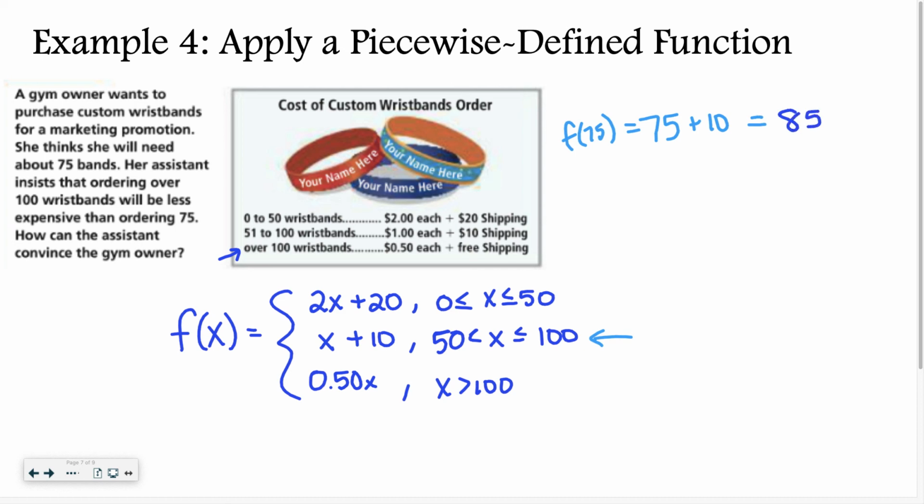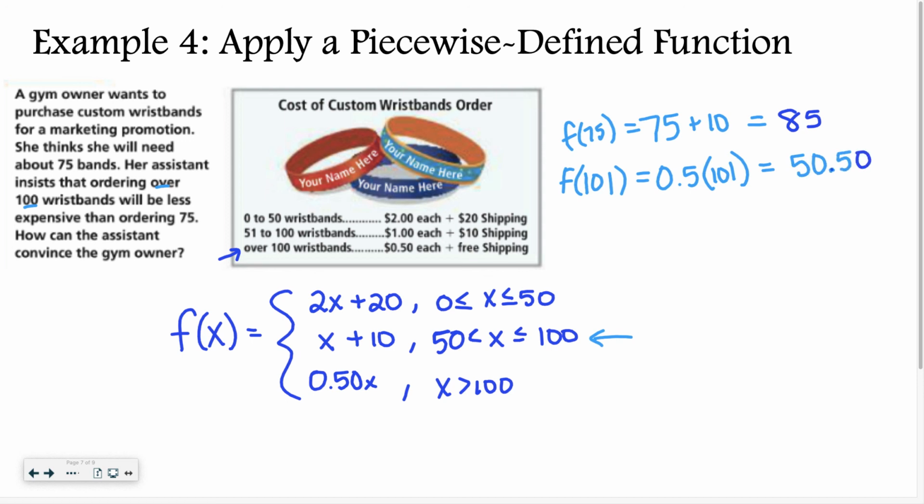Then, if we order over 100 wristbands, that means I'd have to order 101 or more. 101, what I'm going to do is I'm going to say 0.50 times 101 plus 0 for the shipping. That is only $50.50.